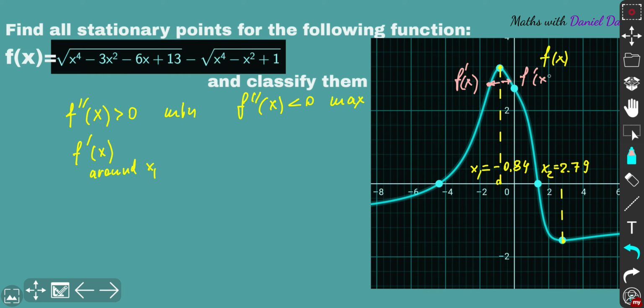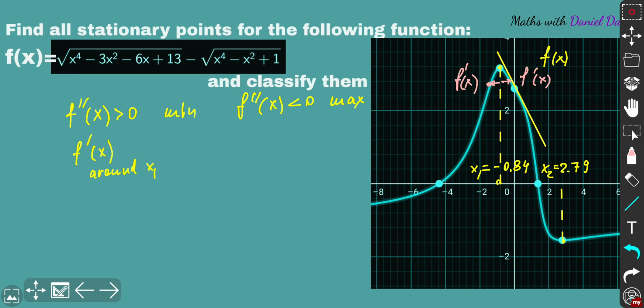Technically you're trying to calculate the gradients a little to the left and right of the stationary points, and on the left it definitely should be positive, right? And here, for example, it's going to be negative.